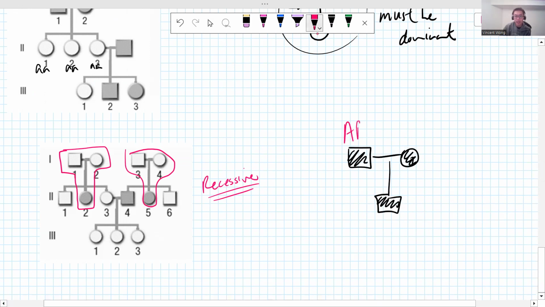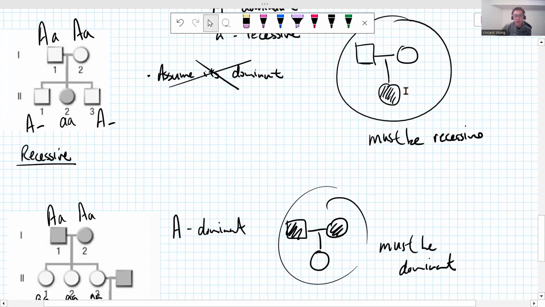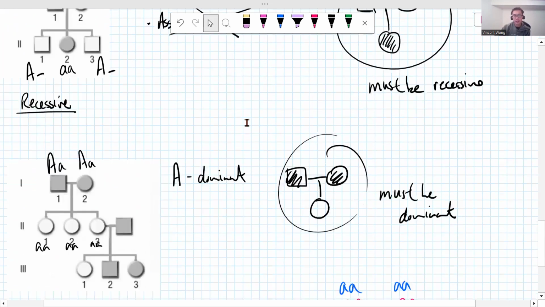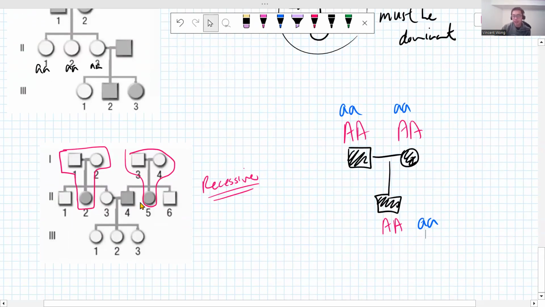It could be big A for both, and then therefore big A. But hey, it could be small a as well, right? You see, it's inconclusive. We don't know. These are the only patterns that would help you definitively distinguish one versus the other. For something like that, you will have to look elsewhere on the pedigree to see if there is other information available.